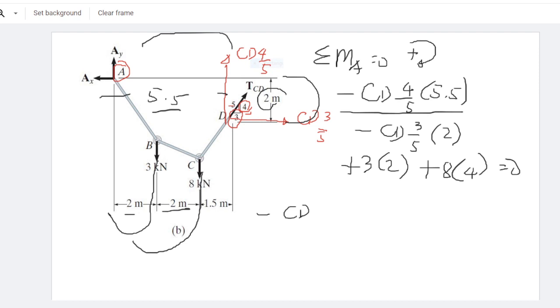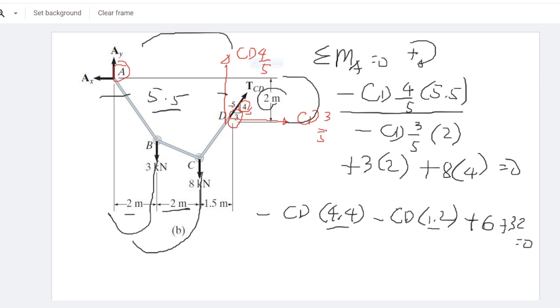That is just 5.5 times 4 divided by 5 is 4.4 CD. Whereas this one is minus 2 times 3 is 6 divided by 5 is 1.2 CD. And whereas this is 6 plus 6 and plus 32 equals to 0.